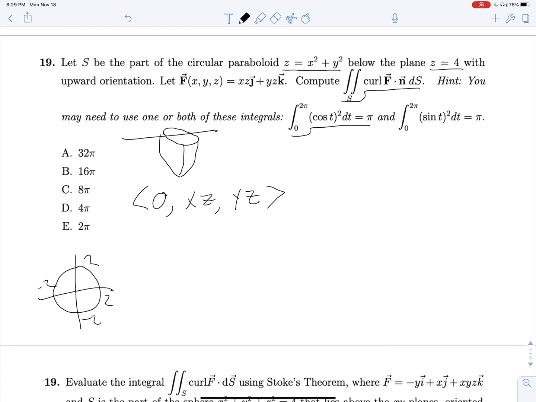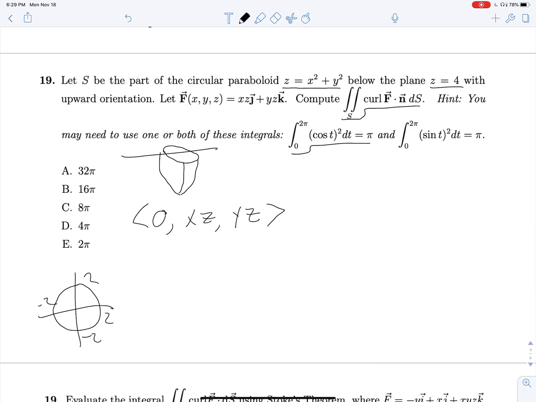And if you really want to convince yourself of that, just set z equal to 4. 4 equals r squared, r equals 2. Okay, so making a little bit of progress here. We might as well just set up our parametrization and see if we get something nice.